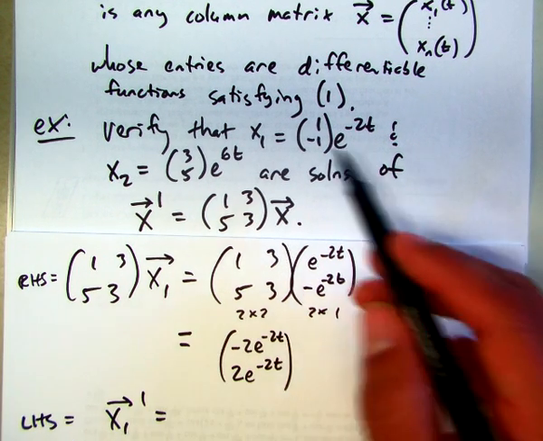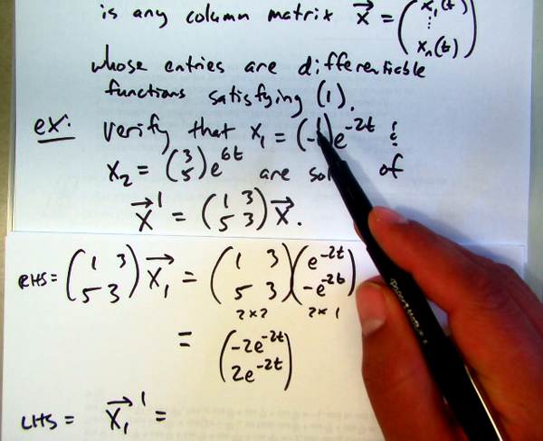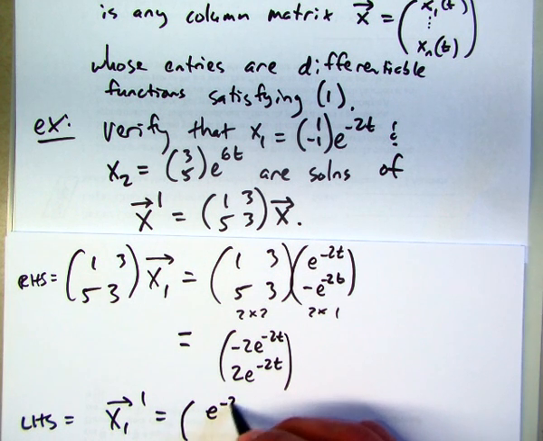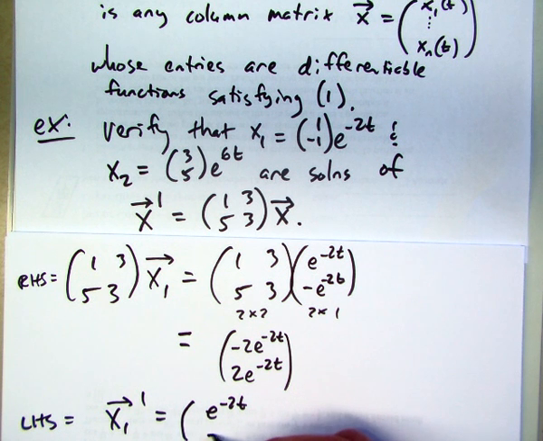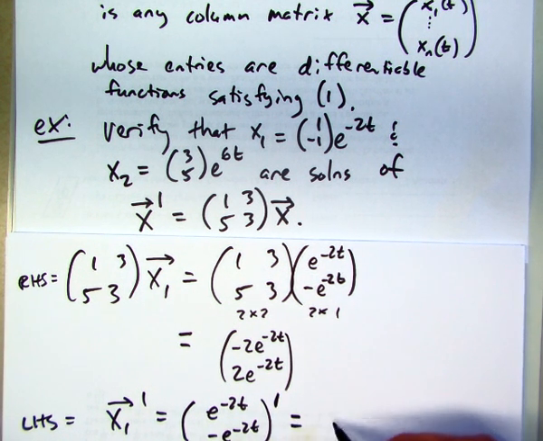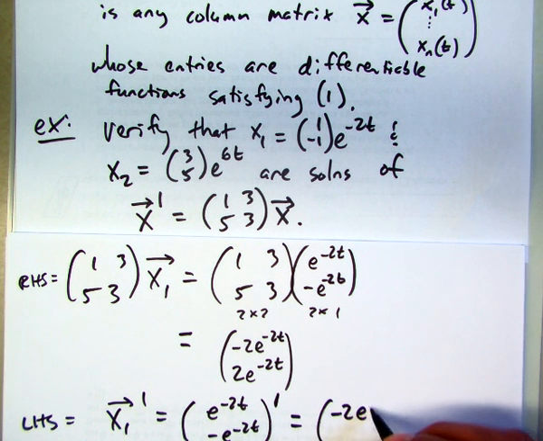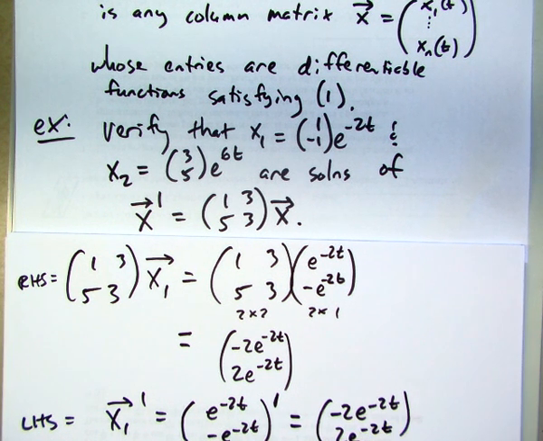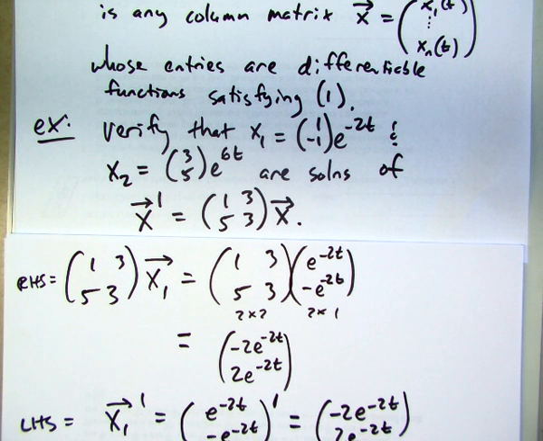So if I go back to x1, we're taking the derivative of e to the minus 2t and negative e to the minus 2t, which is exactly what we have above. So x1 is a solution.